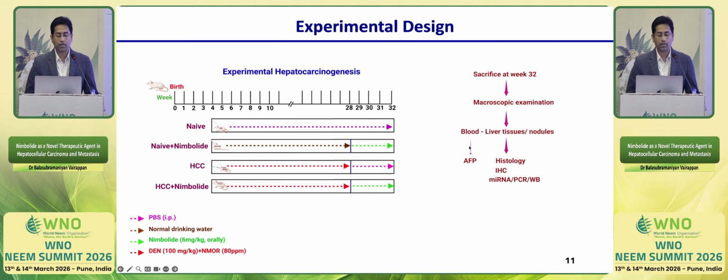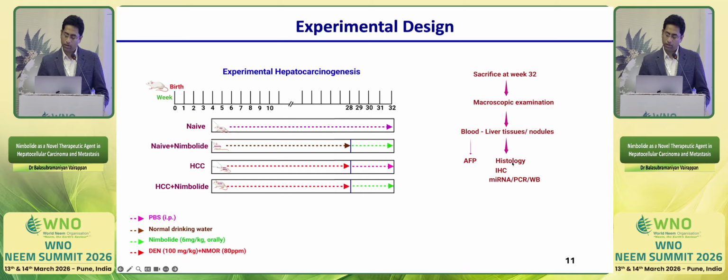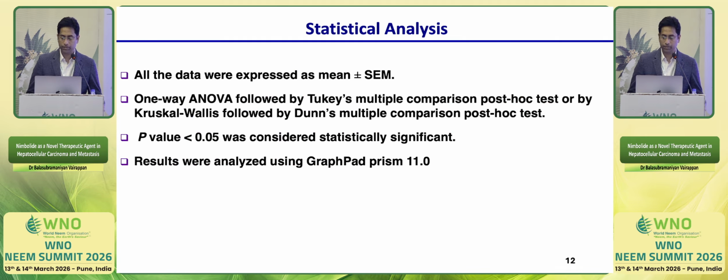From the blood we measured alpha fetoprotein, which is a gold standard for hepatocellular carcinoma, and the tissues were used for molecular studies, histology, immunohistochemistry, etc. Coming to statistical analysis, all the data were expressed as mean plus or minus standard error of the mean. We used one-way ANOVA followed by Tukey's multiple comparisons or the Kruskal-Wallis test. A p-value less than 0.05 was considered statistically significant, and the software used was GraphPad Prism 11.